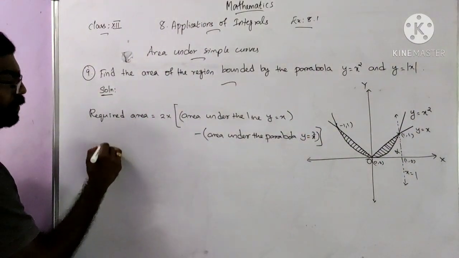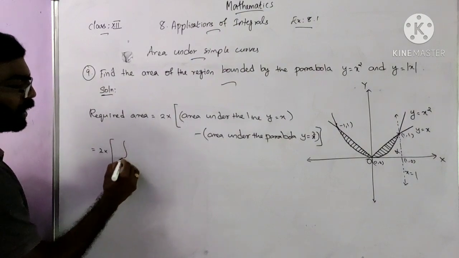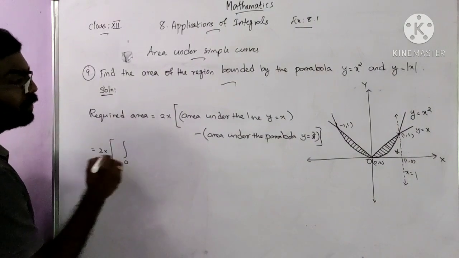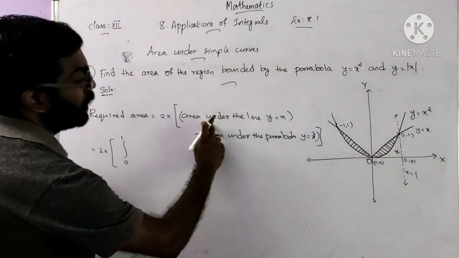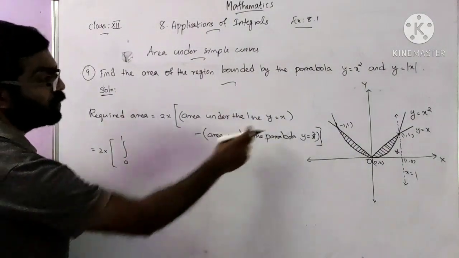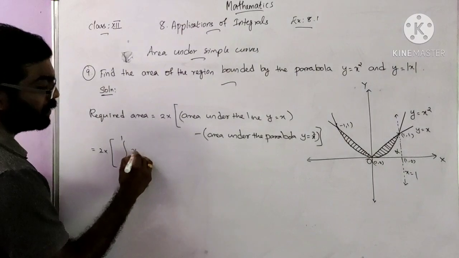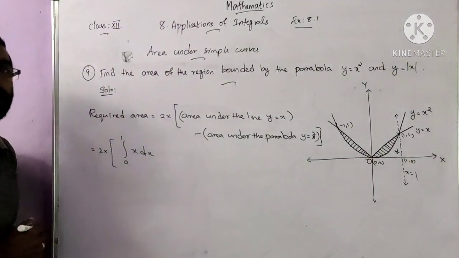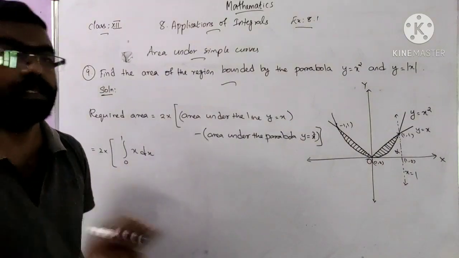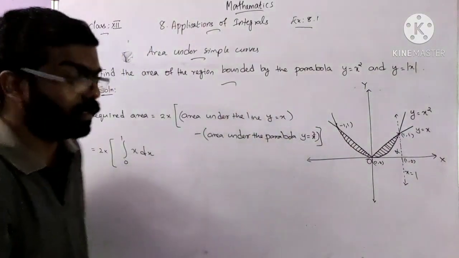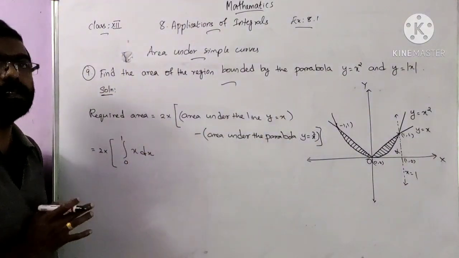That is 2 into integral 0 to 1. First is the area under the line y equal to x. So the y value is x, y dx, x dx. Okay. Integral 0 to 1 y dx. The y value here is x. So we get x dx.